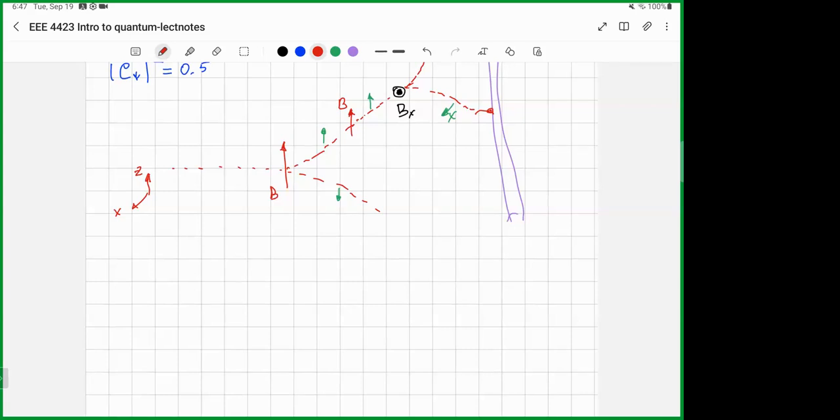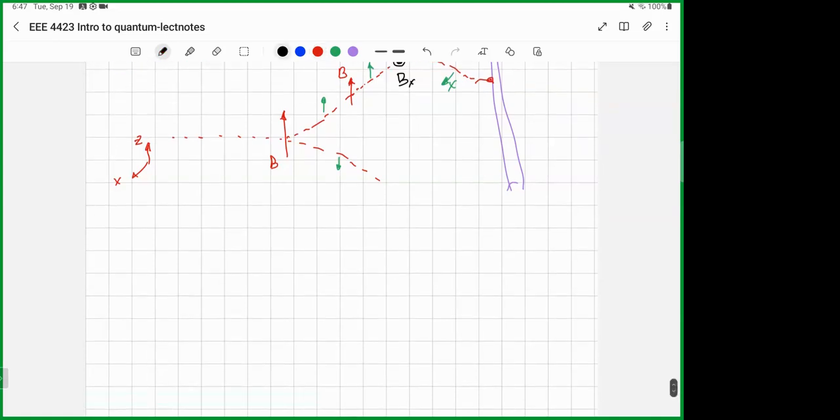These states, these orientations of the spin, are described by spin matrices, spin operators. They are named: the S operator x is given by h bar over 2 sigma x.